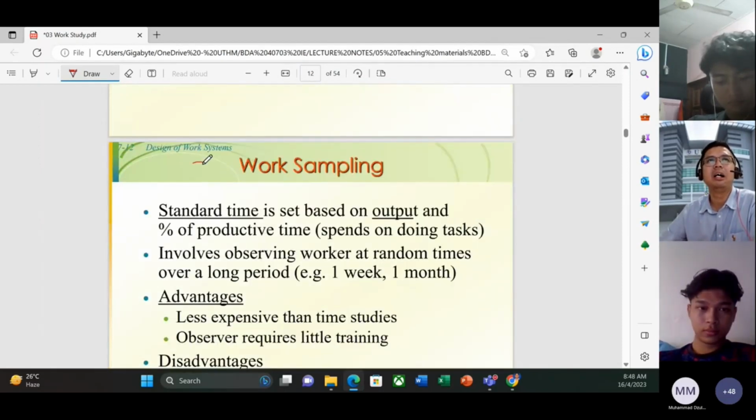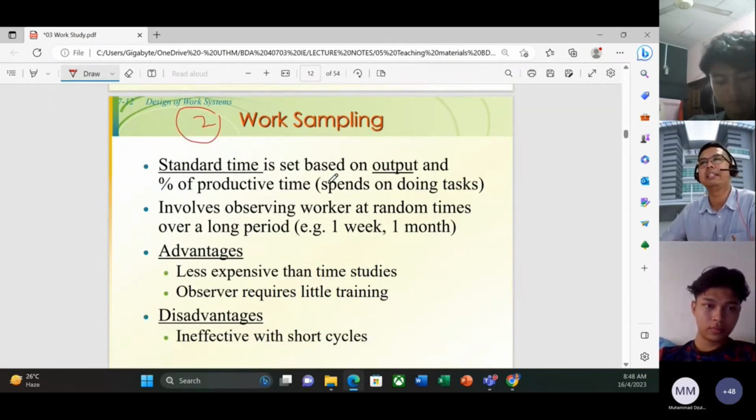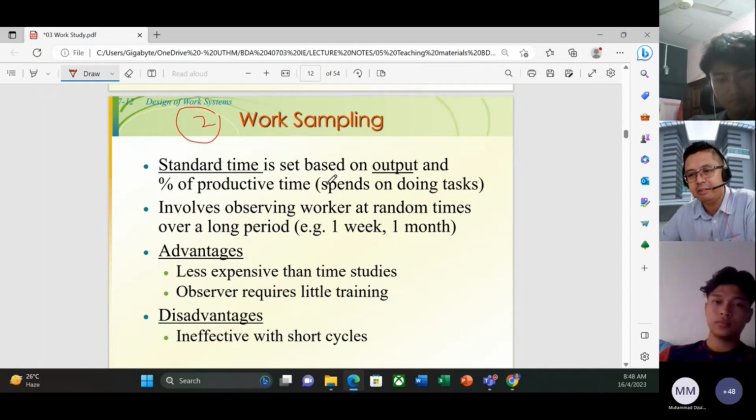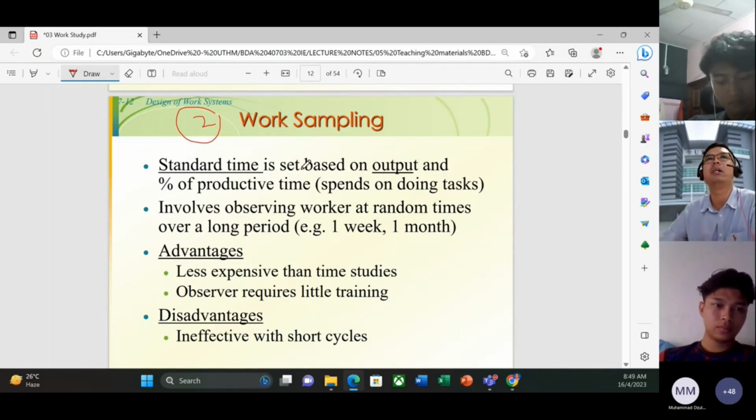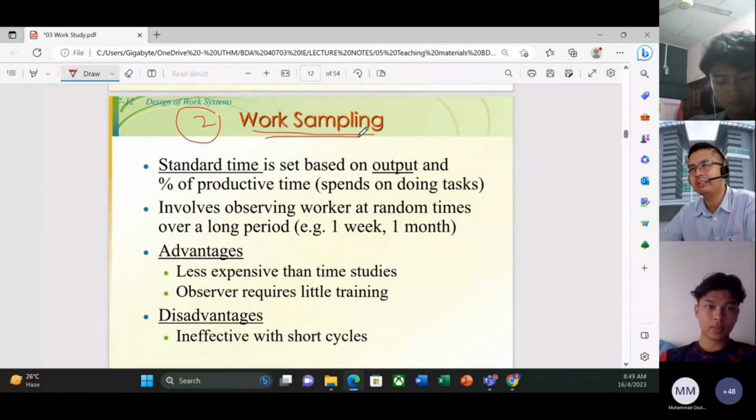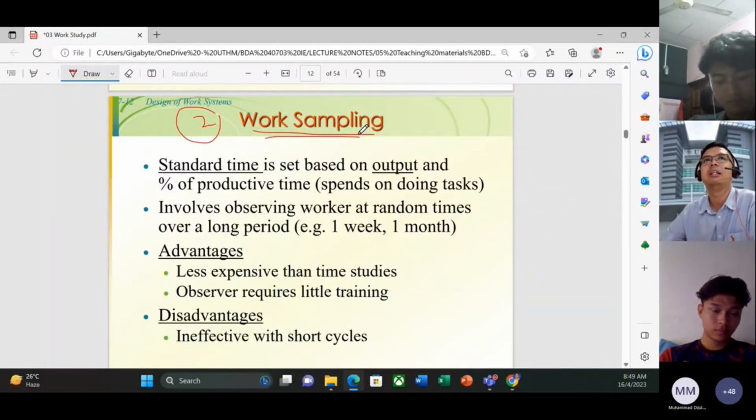Number two, please remember, there are two different formulas. Previously we learned about the time study, and this is the second method, work sampling. It is different, work sampling and time study. So you have to look at the type of question, whether they give you work sampling or time study.